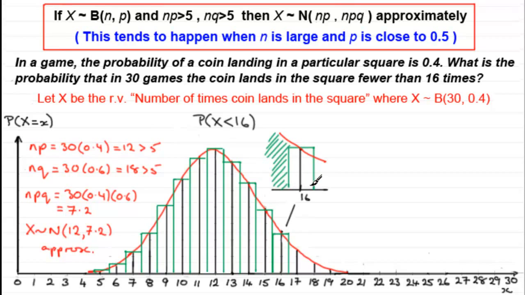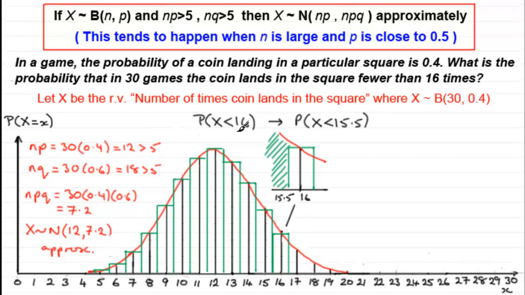And because the rectangle is unit width, this value here is at 15.5. This one would be at 16.5. So with our continuity correction, we approximate this to the probability that x is less than 15.5, rather than 16.